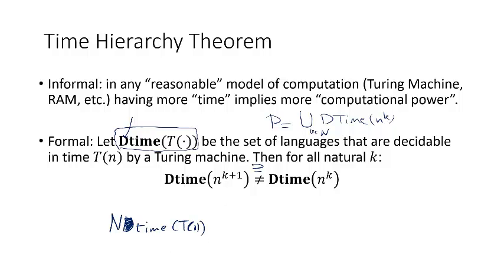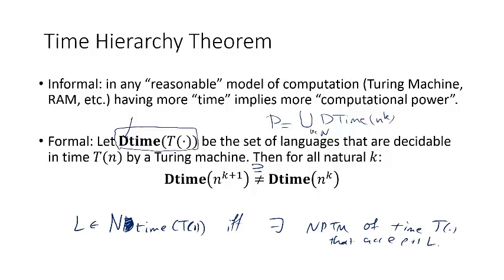So I could define a class non-deterministic time T very similarly by combining the notion of non-deterministic Turing machine with this definition. The language L belongs in this class if there exists a non-deterministic Turing machine of time complexity T that accepts L.